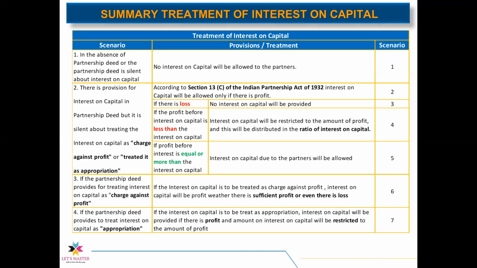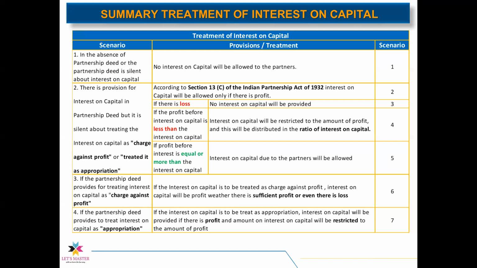If the profit before interest is equal to or more than the interest on capital due to the partners, it will be allowed. That means if the total interest on capital that needs to be provided is 12,000, and the profit is either 12,000 or more than 12,000, then full interest on capital will be provided.